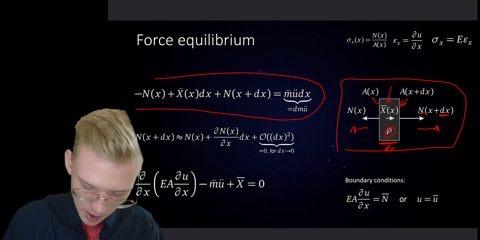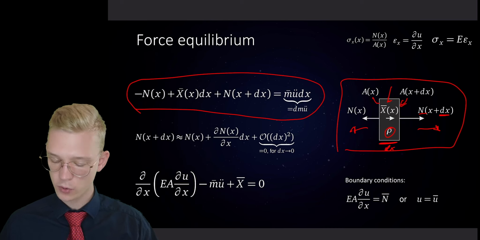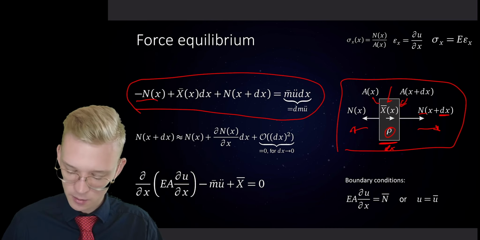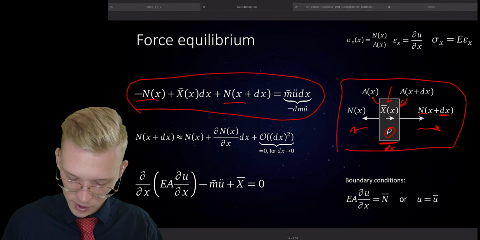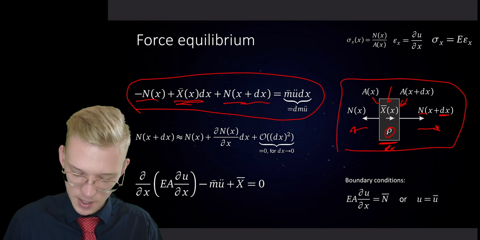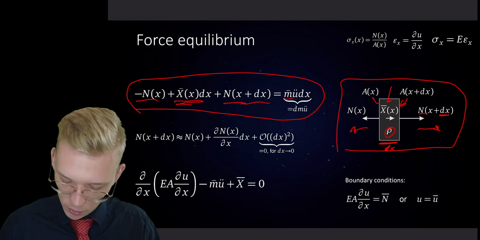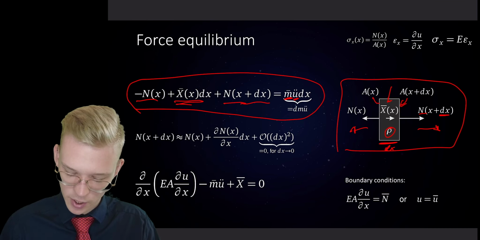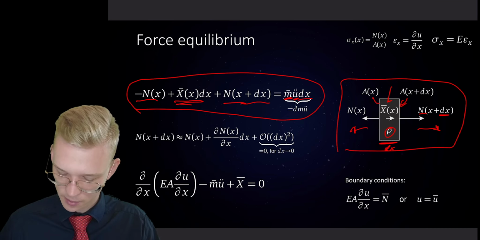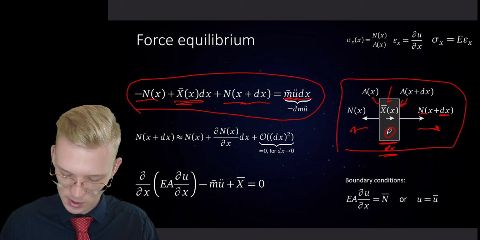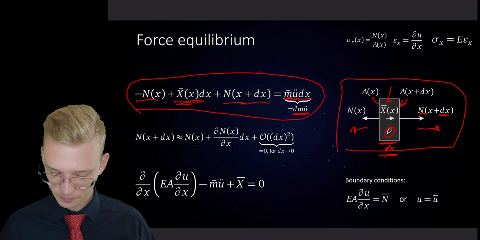So this will be basically Newton's law for our system. We have force in the left direction, force in the right direction, then an additional force acting on our whole system, equal to our mass times acceleration over the length dx. So it is a small mass.